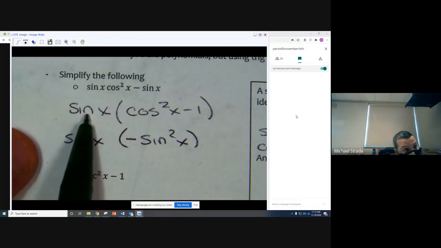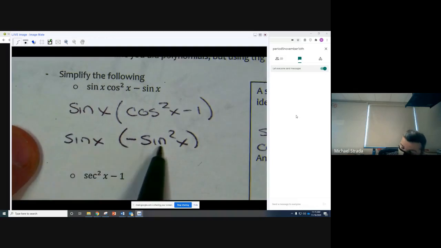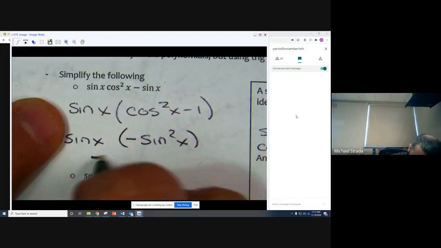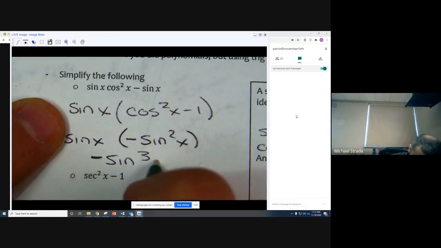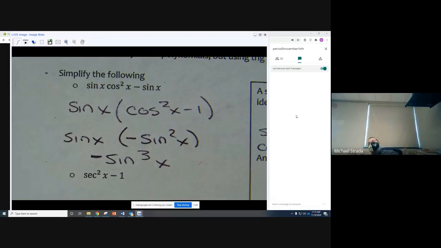That shows factoring out the GCF. That shows understanding identity. And then finally, to simplify, the final answer would be negative sine cubed x. Any issues with any of those steps? Good.